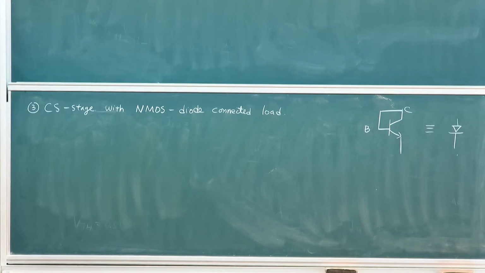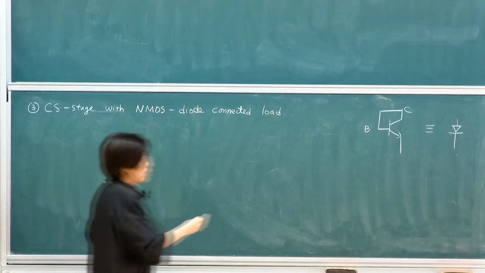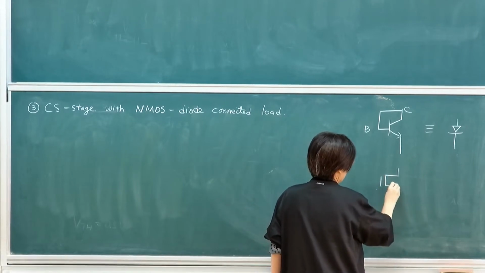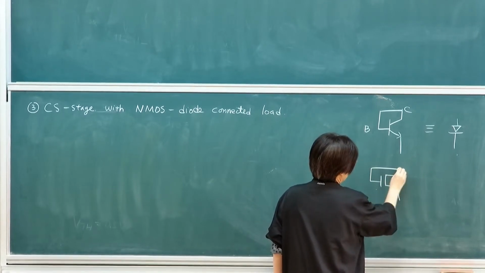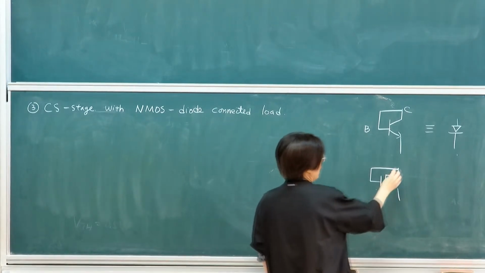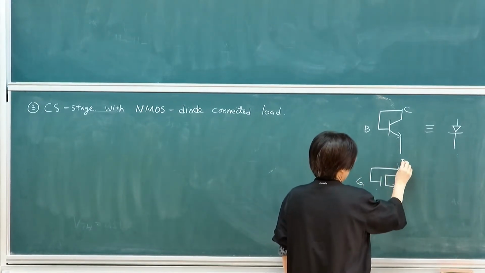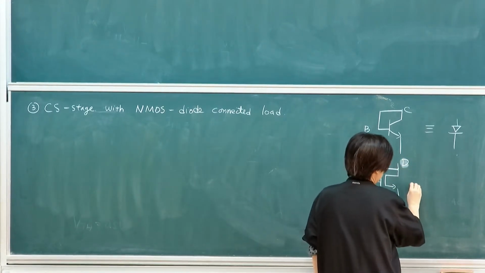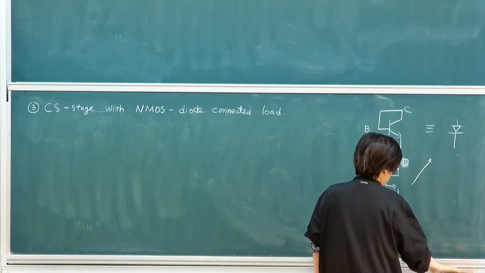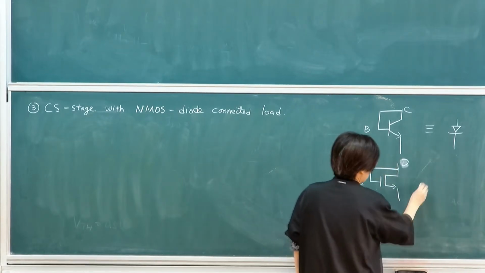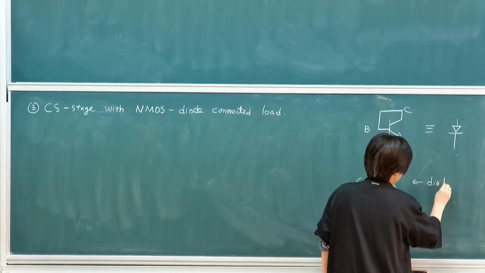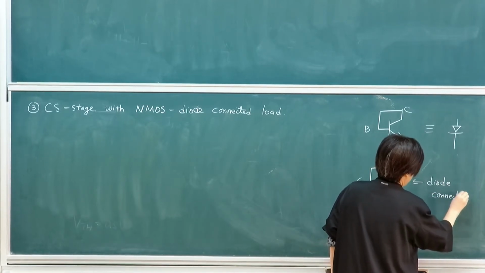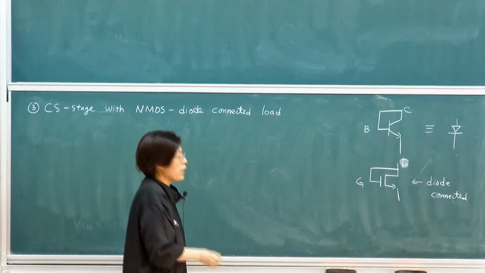So anytime I have the gate and drain shorted, even though it's not essentially a diode, this is referred to as a diode connected structure. It's called diode connected when gate and drain are shorted.